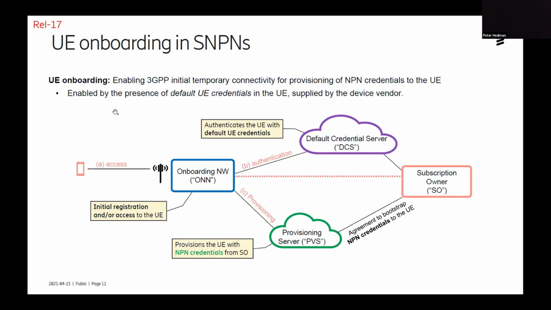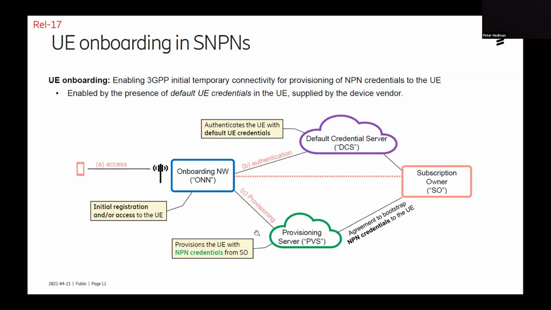The device is assumed to have some form of default credentials, which can be a certificate, for instance, and using this, the UE will find a network that provides this ability, doing authentication to secure that the device is what it says and the network is non-rogue.